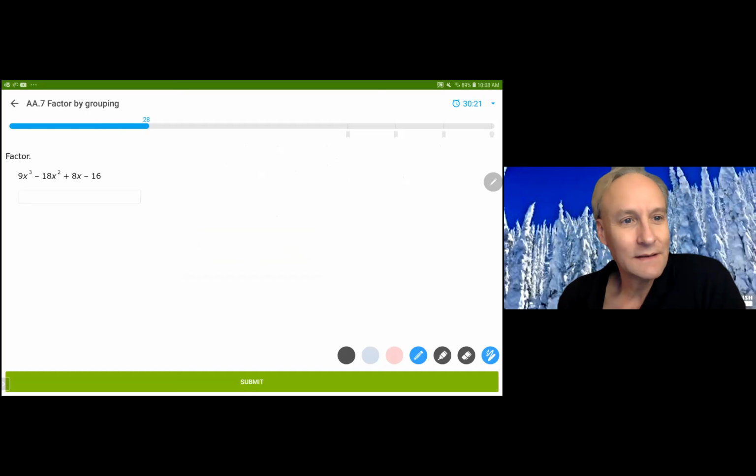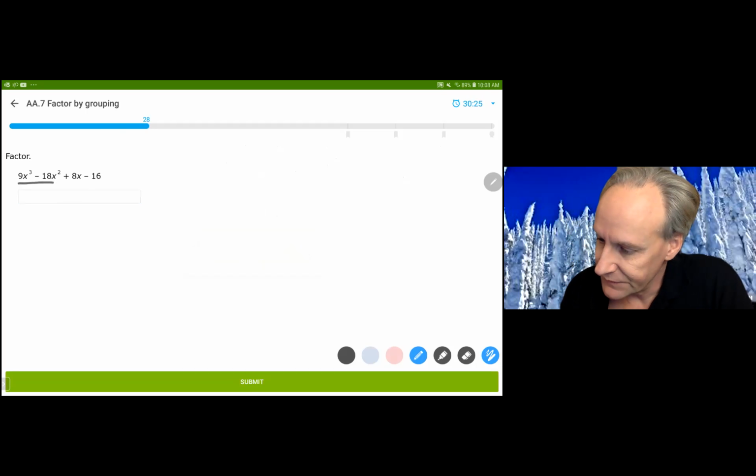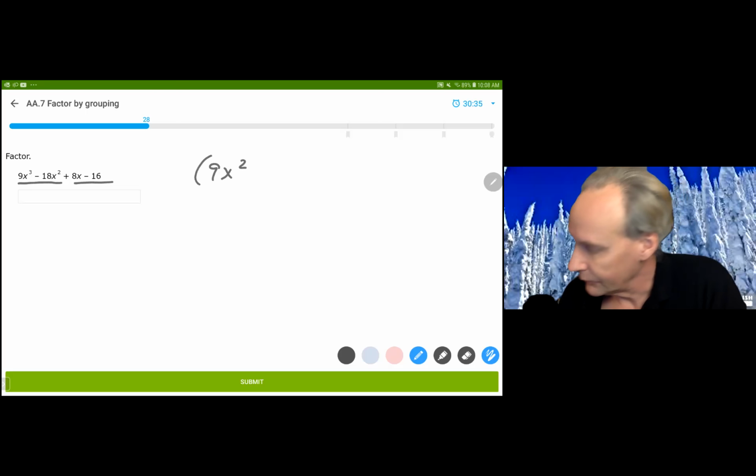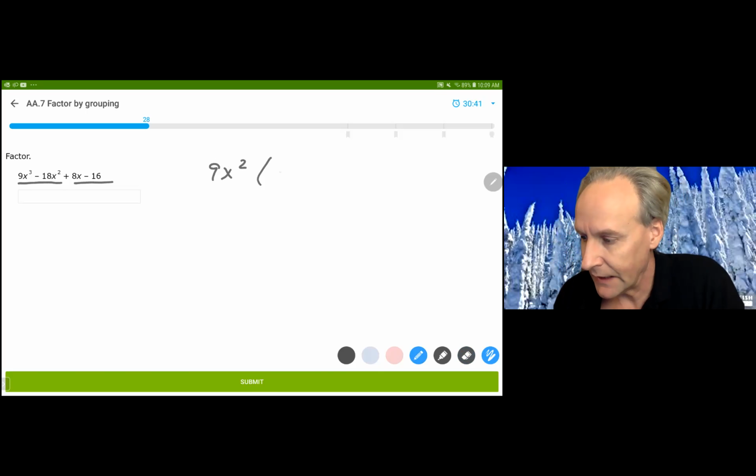Okay. This time, I'm going to look at the first pair and the second pair, and I'm going to take the 9x squared out. Oh, darn it, didn't mean to do that. There we go. I'm going to take the 9x squared out, and I have an x left, and a minus 2, don't I?